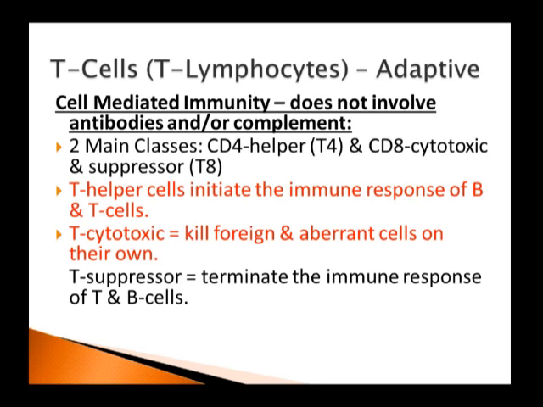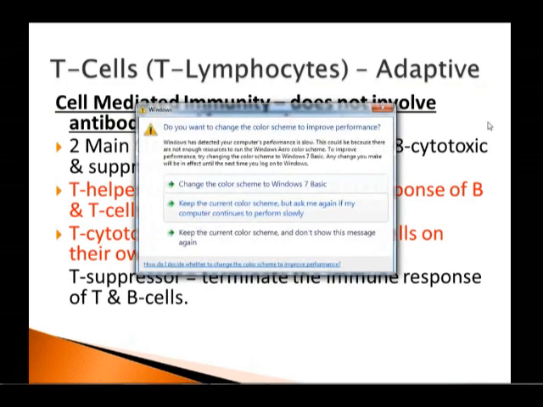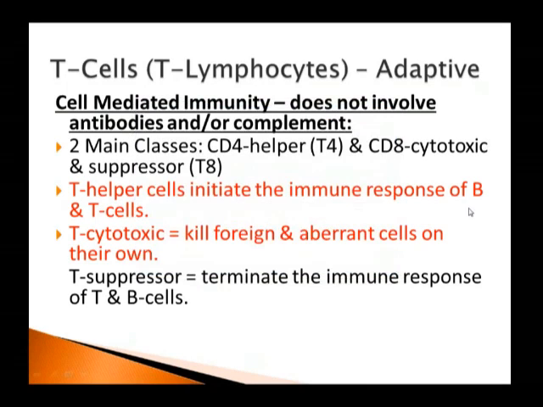In essence, T cells help to initiate the immune response of not only other T cells, but also B cells. Remember that B cells are what produce those antibodies we just talked about, IgG, IgA, and IgM. And then there's another subgroup of T cells called cytotoxic cells, and these are the guys that really can just kill stuff on their own.